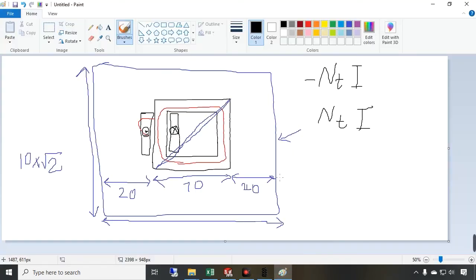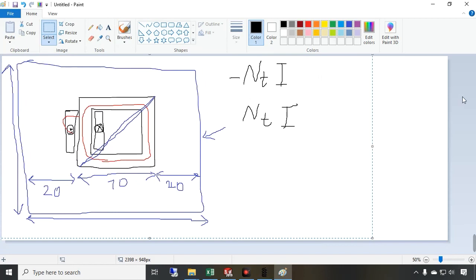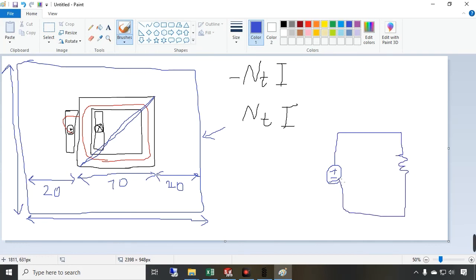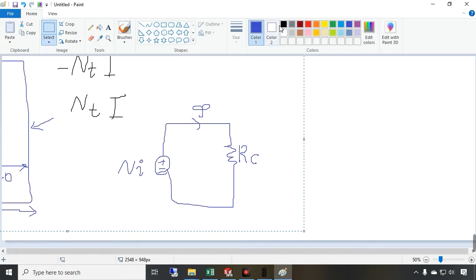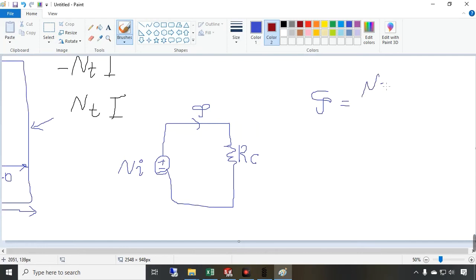If I draw the equivalent circuit of this problem, we have this magnetic equivalent circuit. We have a voltage source here and a resistance. This is the reluctance of the core. The value of this source is N times I. So the value of magnetic flux, phi, is equal to Ni divided by the reluctance of the core.